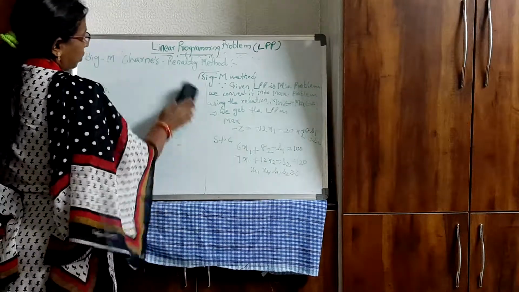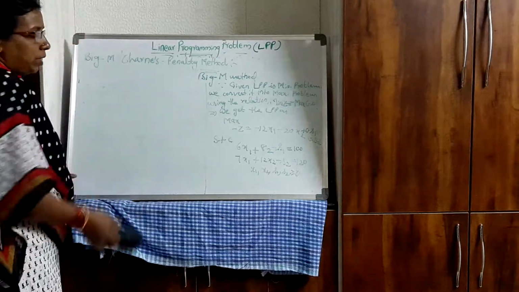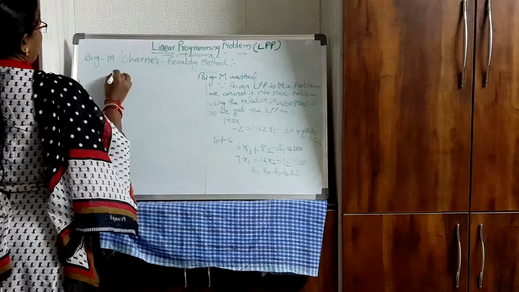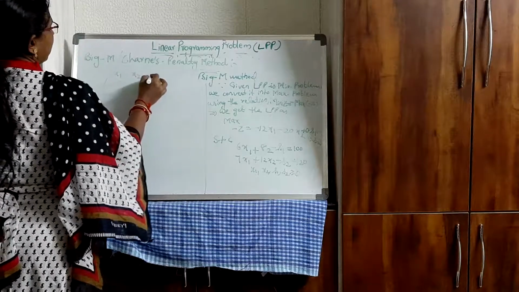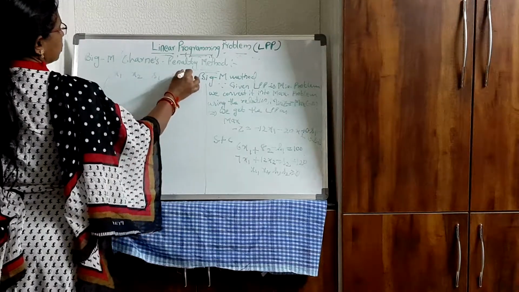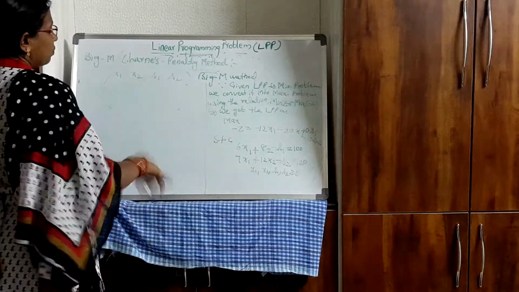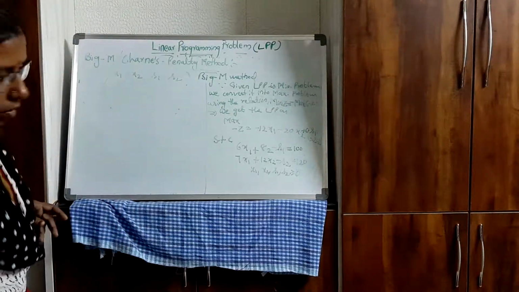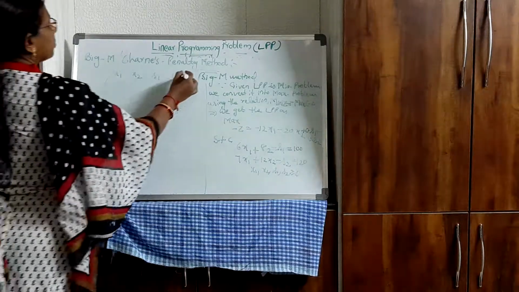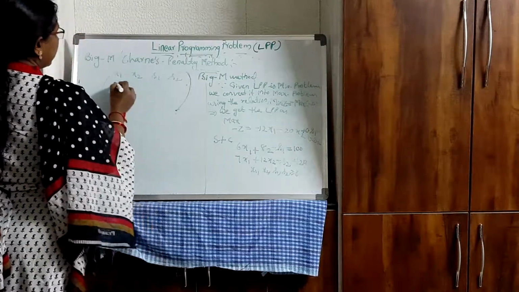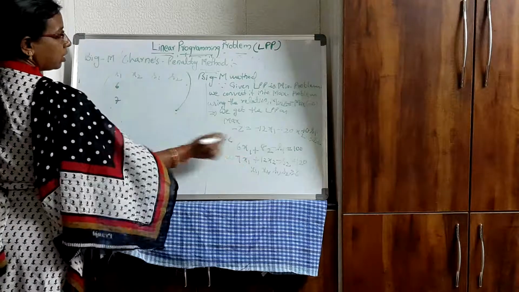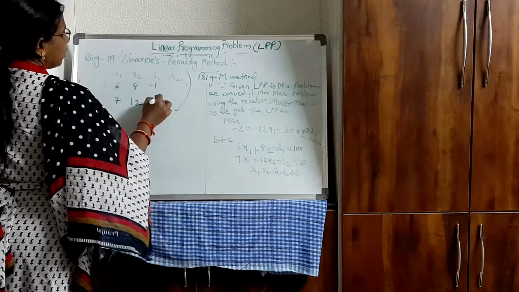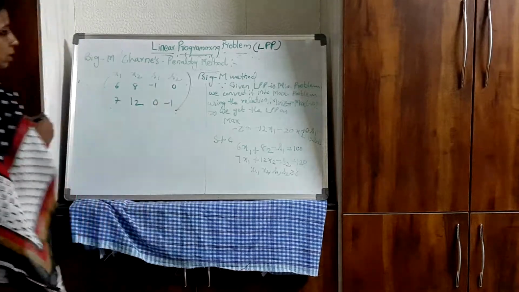So now what we will do? First we'll see the matrix form of the variables and constraints x1, x2, s1, s2. So what is the matrix form of these constraints? I'll get 6, 7, 8, 12, minus 1, 0, 0, minus 1.